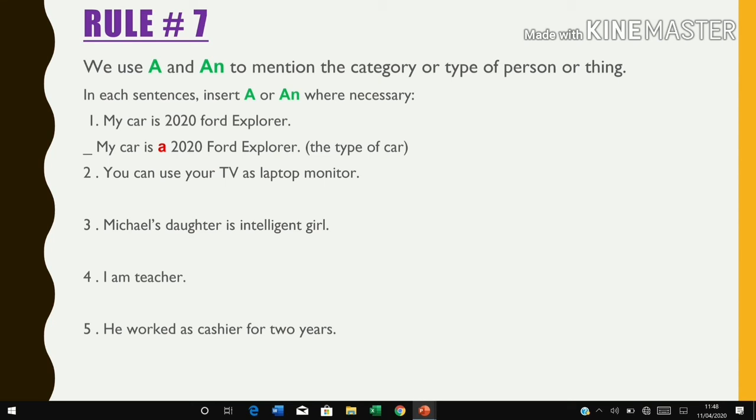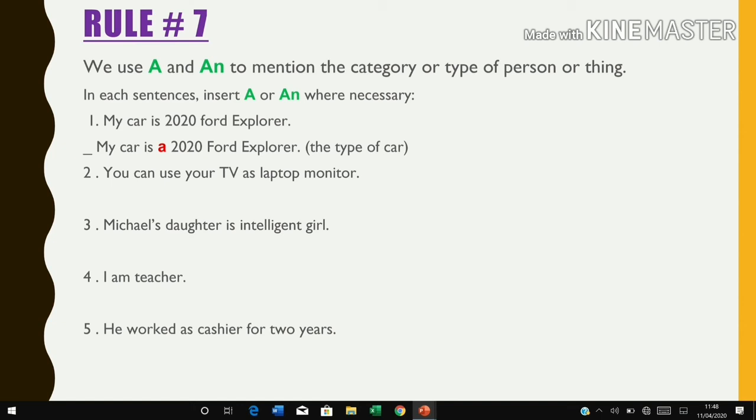The category or type of the person or thing. So before the type of the person or the type of the thing, we should use our articles, that means "a." So here is the example: my car is a 2020 Ford Explorer.